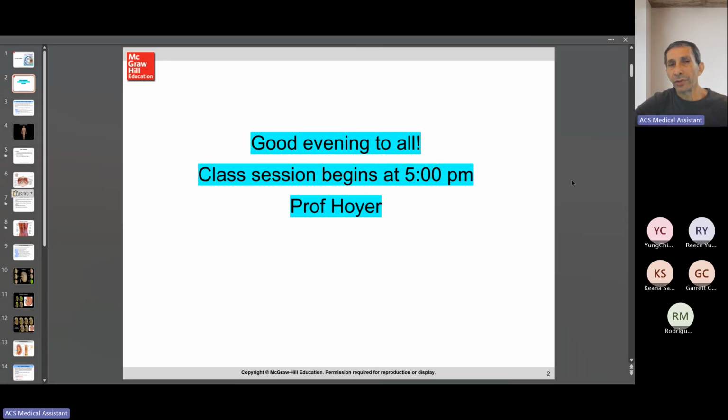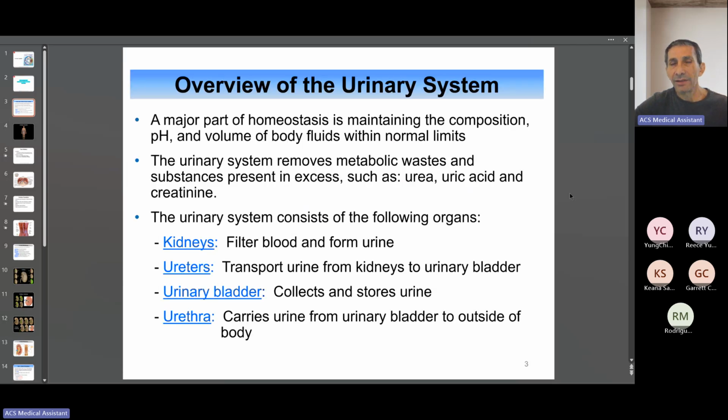So yesterday we were talking about the structures that make up the urinary system. Today we're gonna continue with other structures, some internal structures, because the most important part of the urinary system is gonna be the kidneys, because this is the place where all these functions are going to be taking place.